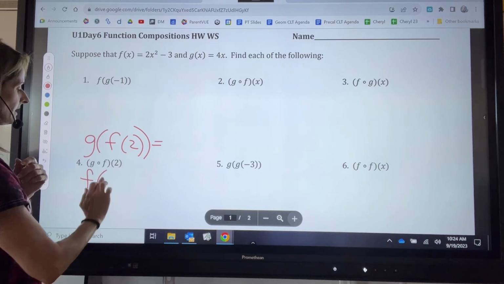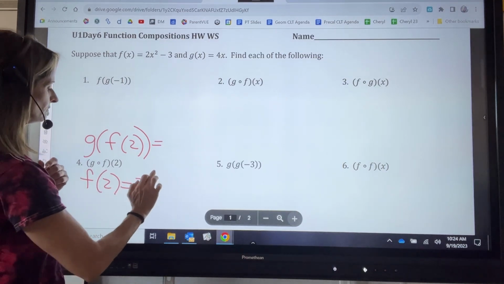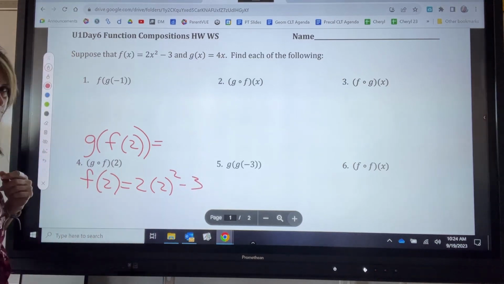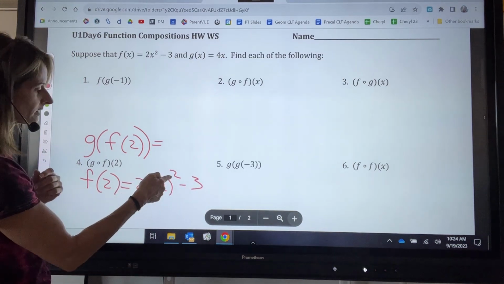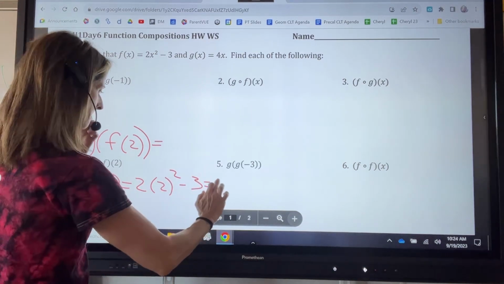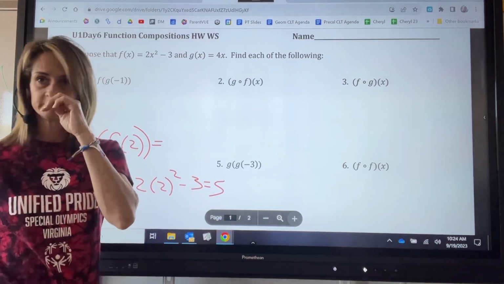f of 2 equals 2 times 2 squared minus 3, right? So this is 4 times 2, which makes 8, minus 3. I'm getting 5. Anybody else? 5?